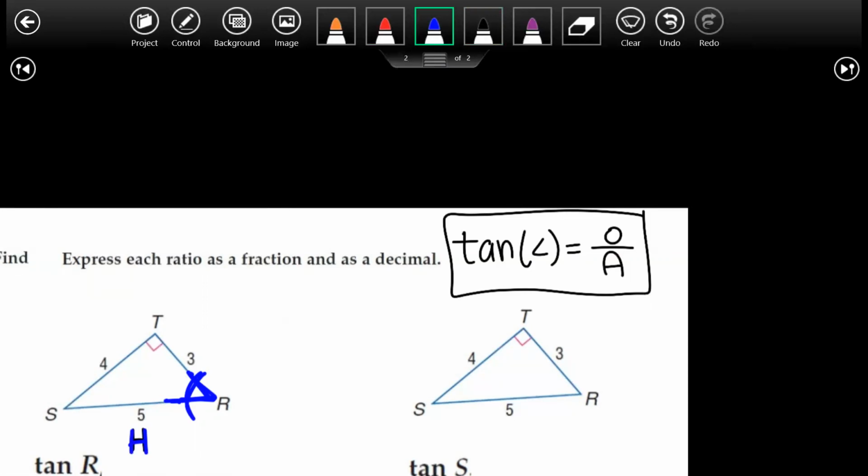If this side is already done, the side closest to the angle has to be the adjacent, so this is A. That leaves the side that the angle opens up to, which is the opposite. O, A, and H.